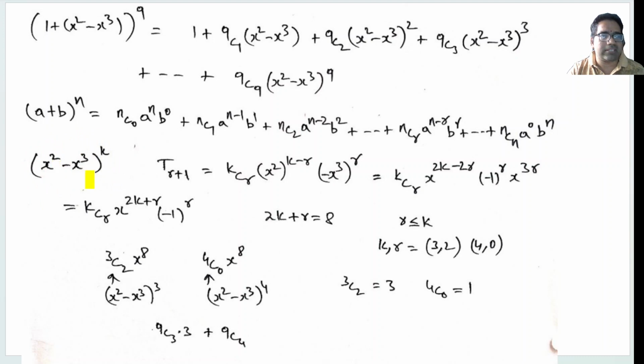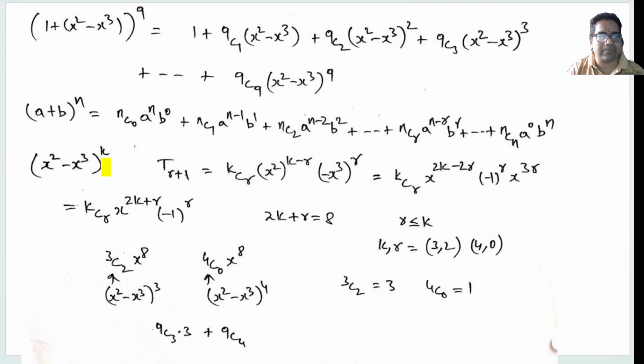This x square minus x cube whole power k, we can expand using our binomial theorem. This is still in (a plus b) whole power n format, right? What is the tr plus 1th term in this? What is the generalized term? Generalized term is kcr, x square whole power k minus r, times minus x cube whole power r.